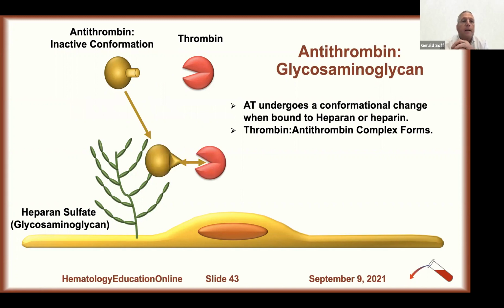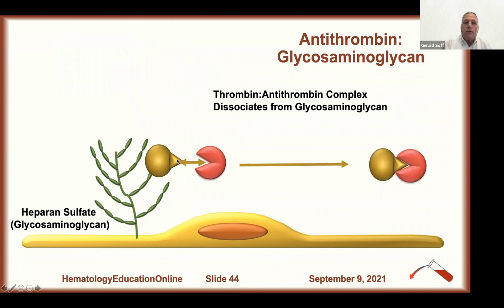So how does this work? If there's binding of antithrombin, also called antithrombin 3, to glycosaminoglycans, it undergoes a steric alteration, taking on a conformation allowing it to bind to thrombin or other enzymes in the clotting cascade, and therefore it neutralizes the enzyme and dissociates from the heparan sulfate, and the complex is then removed from the circulation in the liver.